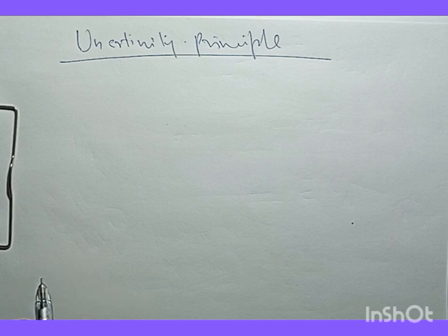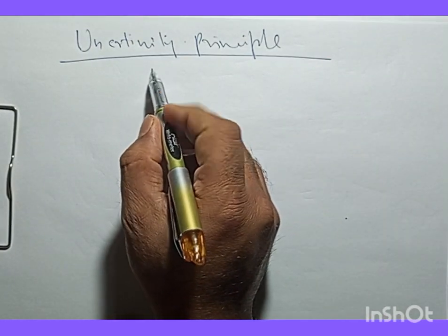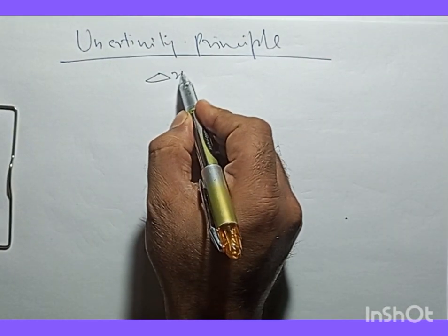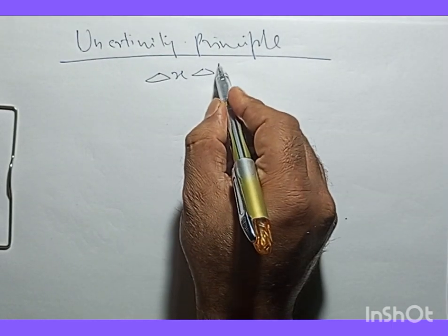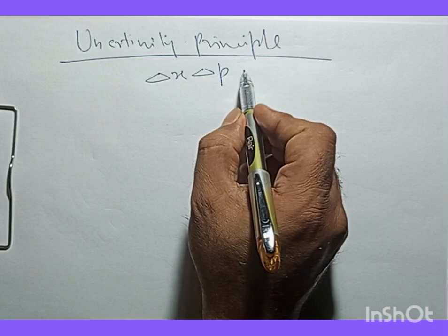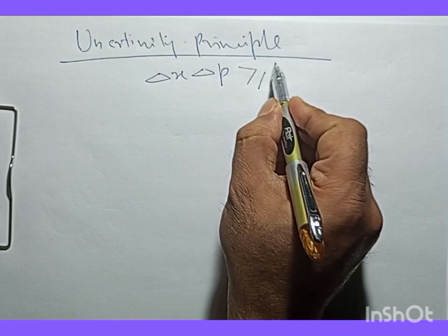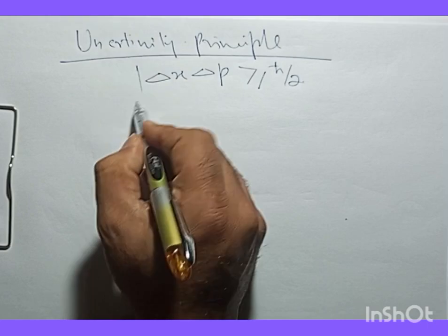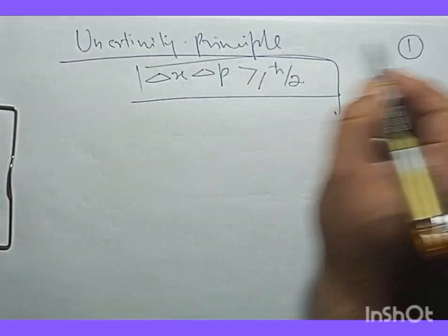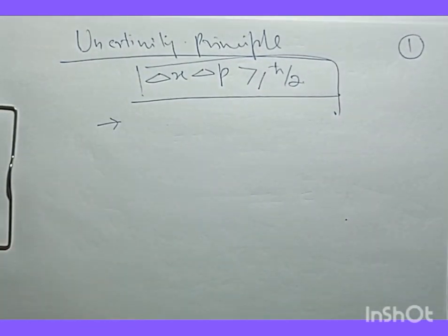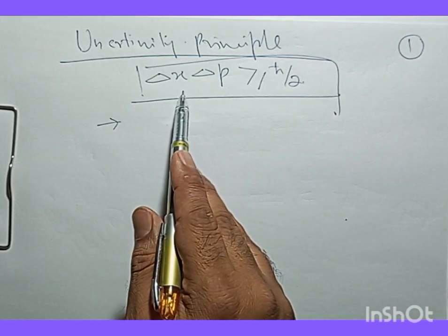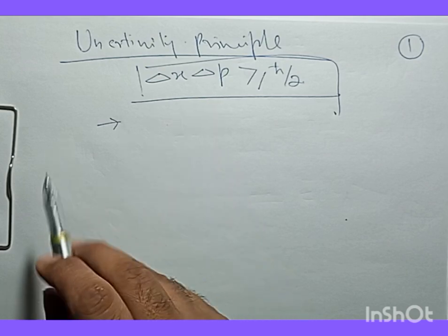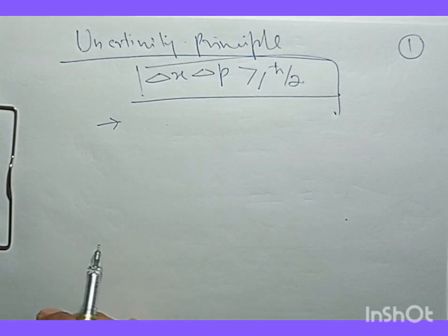And we all understand that this principle simply states that the product of the uncertainty in the measurement of position and the uncertainty in the measurement of momentum is greater than or equal to h bar by 2, where delta x is a representative of the uncertainty in the measurement of the position of the particle, and delta p is the uncertainty in the measurement of the momentum of the particle.